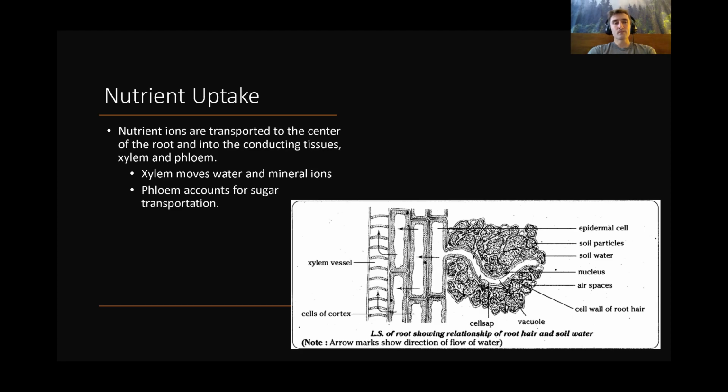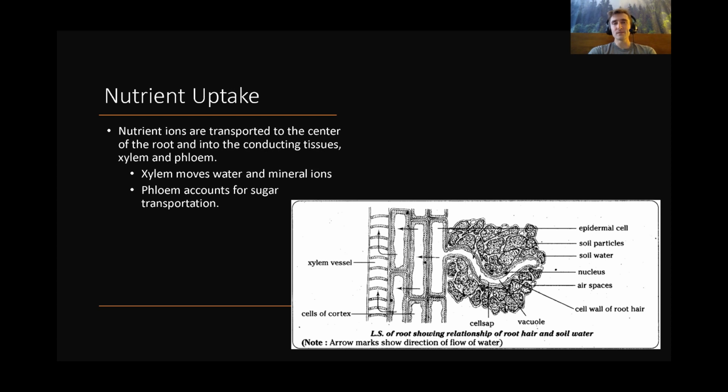Once the water and nutrients enter into the root hair, it is pulled in through the cells one by one toward the vascular system. The vascular system contains the transport pathways for two separate things.